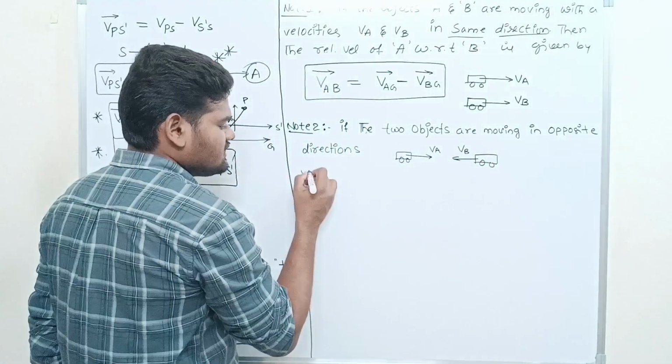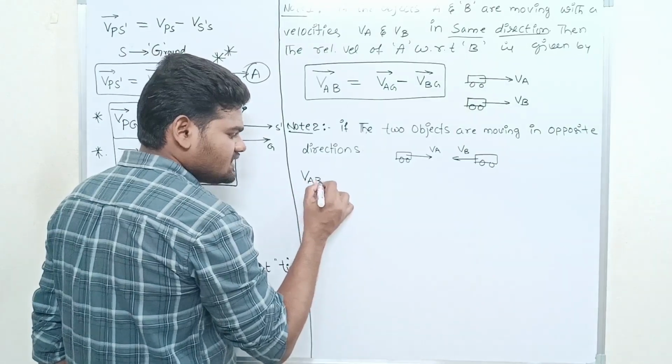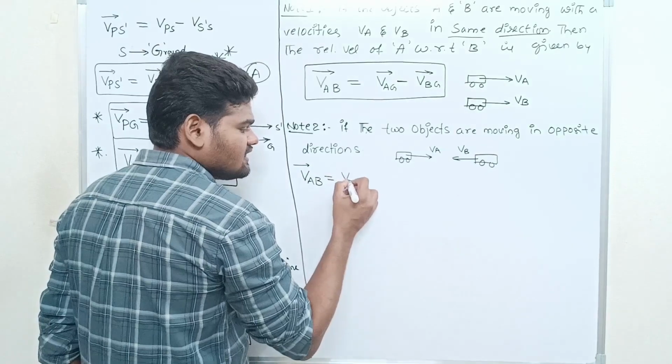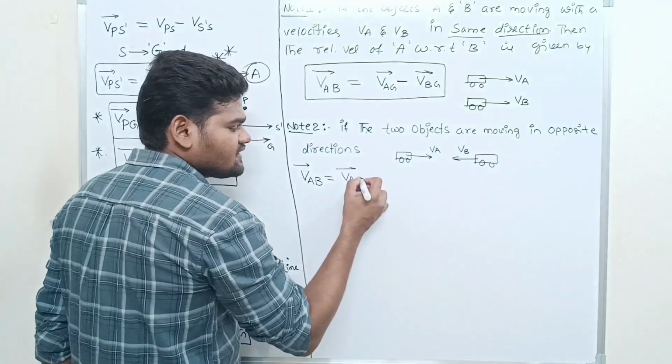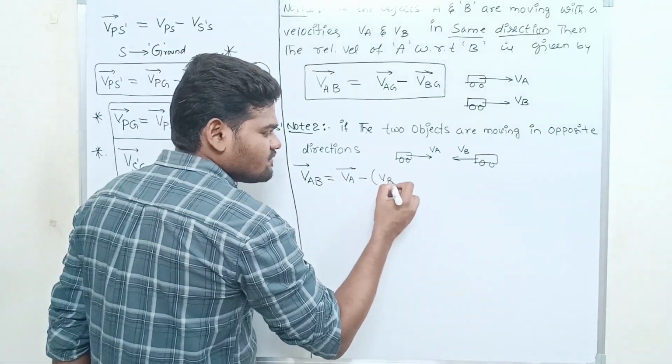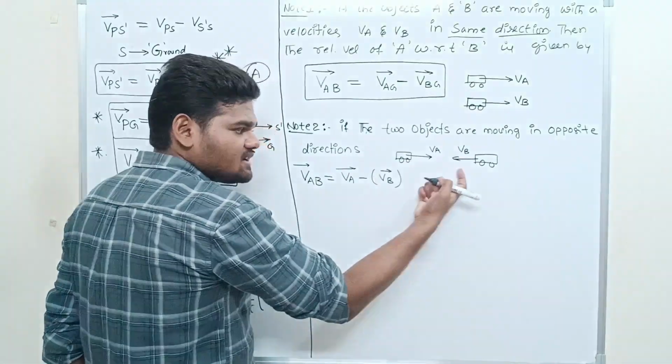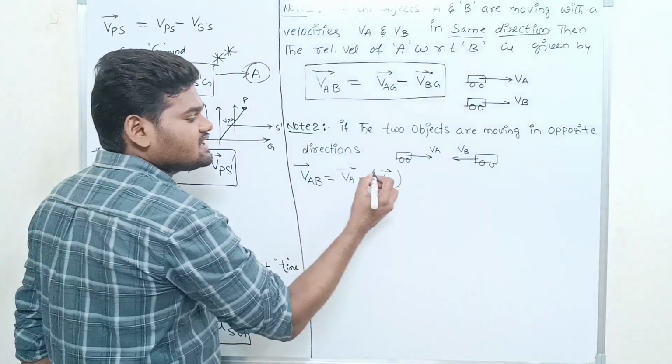Now we have to find the relative velocity of object A with respect to B. In general, we can write the difference between velocity of A minus velocity of B. Have a look. With respect to this object A, this object B is moving in the opposite direction.